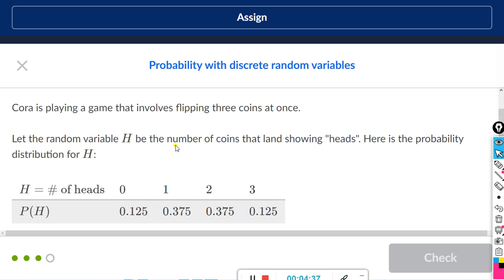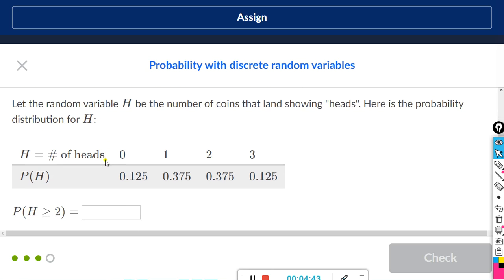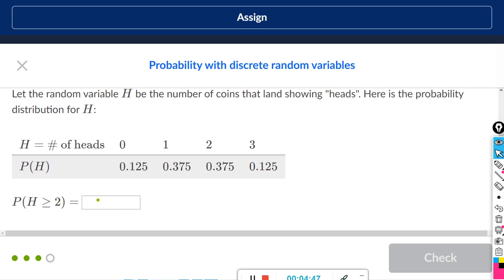Cora is playing a game that involves flipping 3 coins. H is the number that lands on heads, and here's the distribution for the probability of heads. They want to know the probability that H is greater than or equal to 2. So it could be 2 or it could be 3.